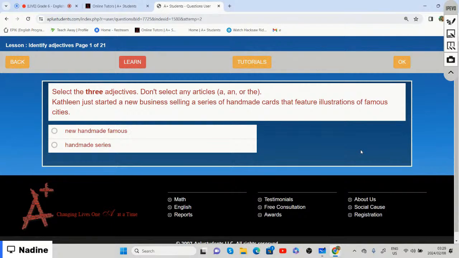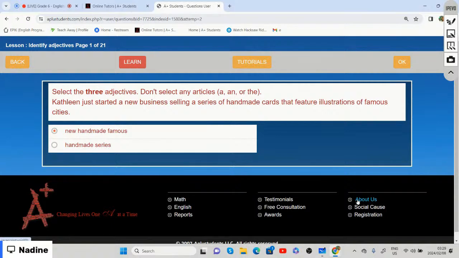So we need to choose the three adjectives. And we're going to choose the first one.